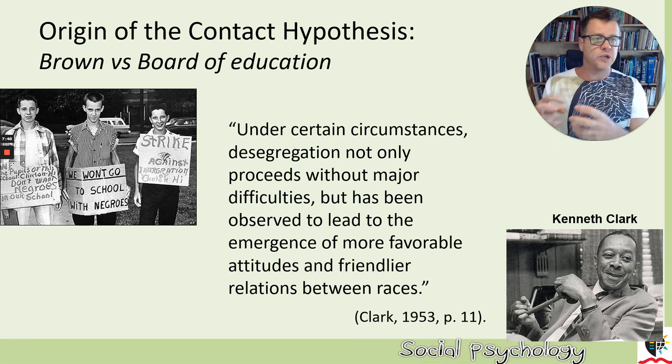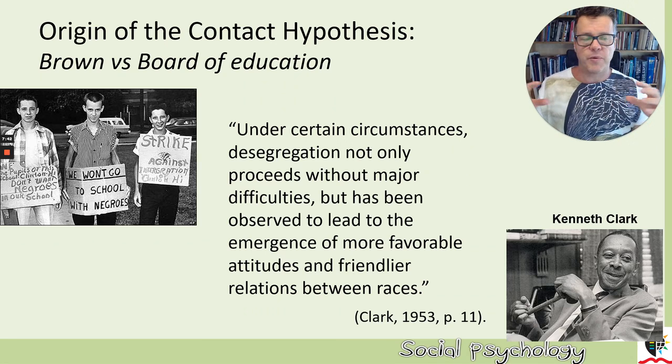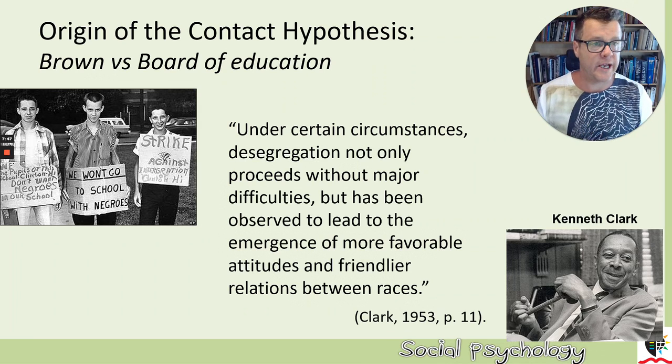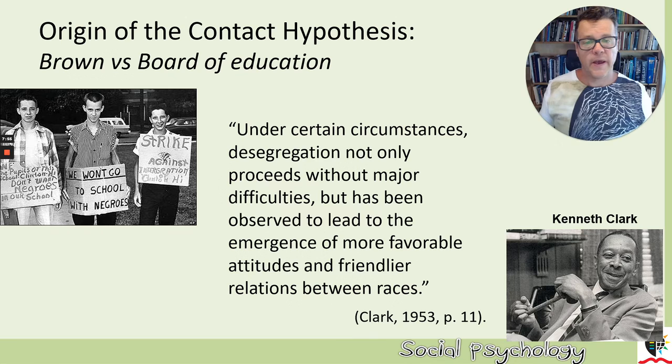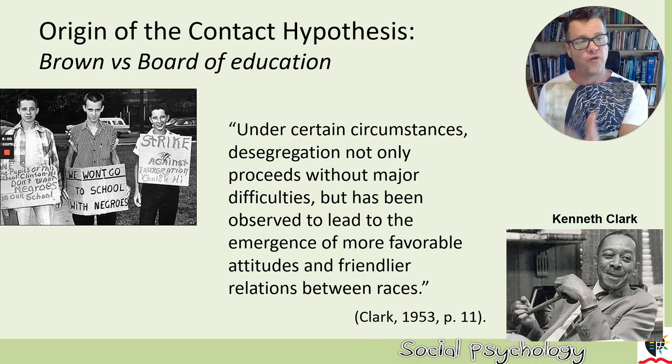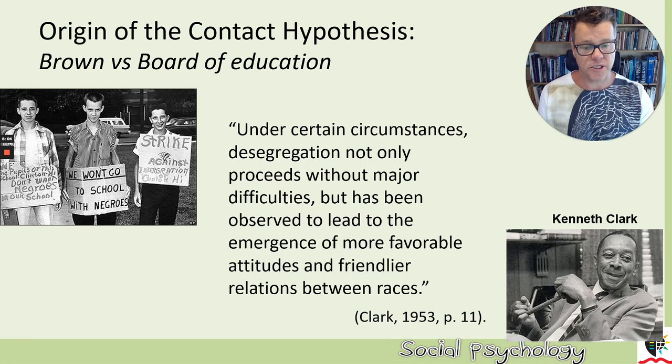We introduced this in the previous lecture around social change interventions, the contact hypothesis. The origin of this idea that we need to promote intergroup contact comes from Brown versus Board of Education, that 1954 Supreme Court case in the United States, where the educational system was segregated. Kenneth Clark and others like Gordon Allport were involved as psychologists in informing the courts about the effects of segregation.